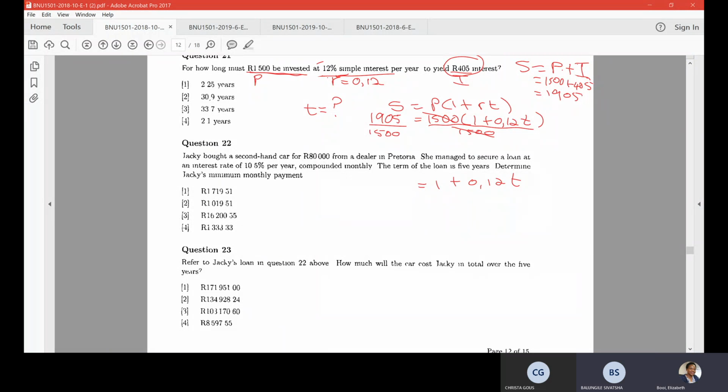And on the other side, 1,905 divided by 1,500, you get 1.27. What must we do next?